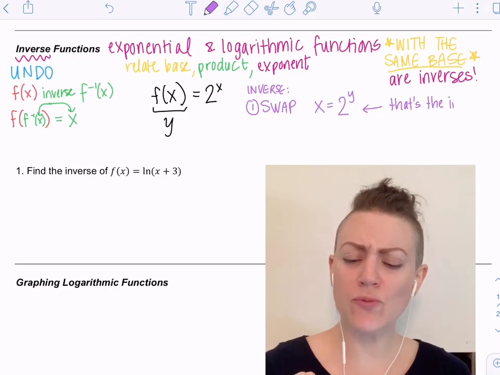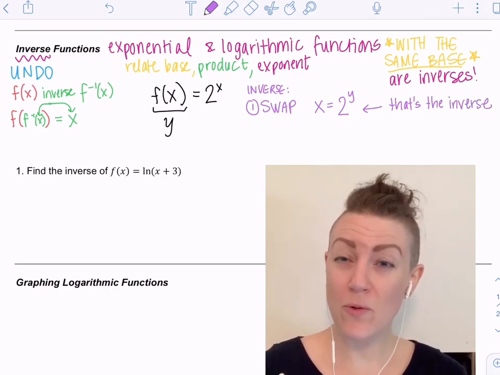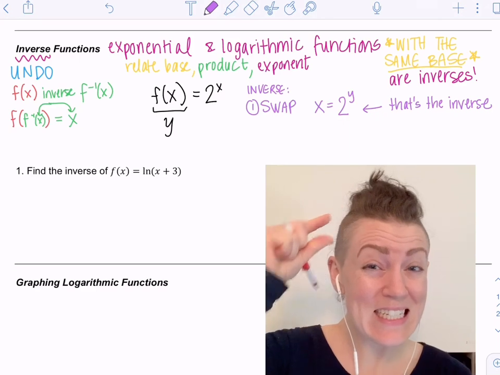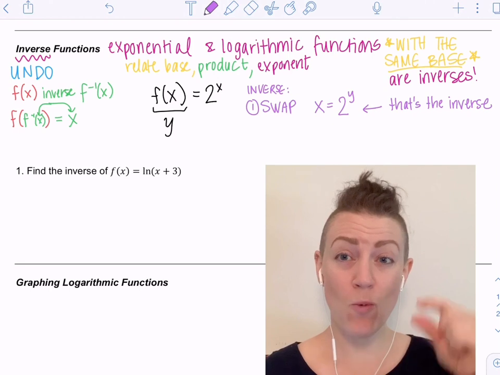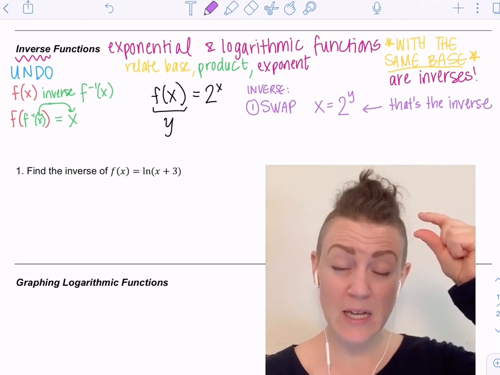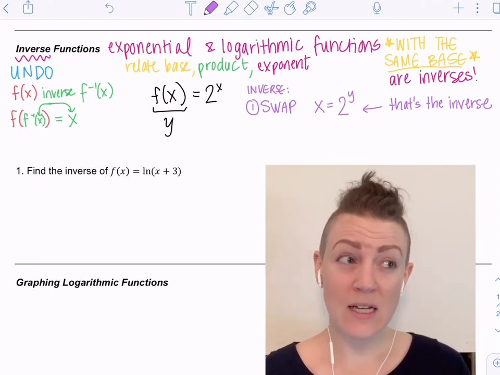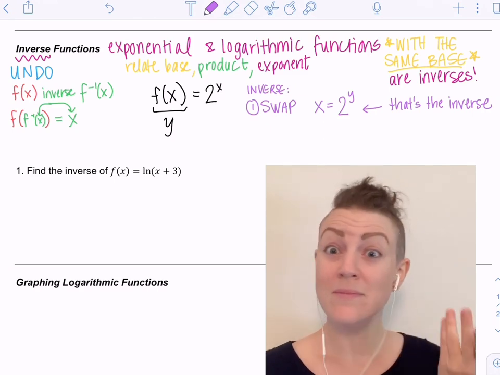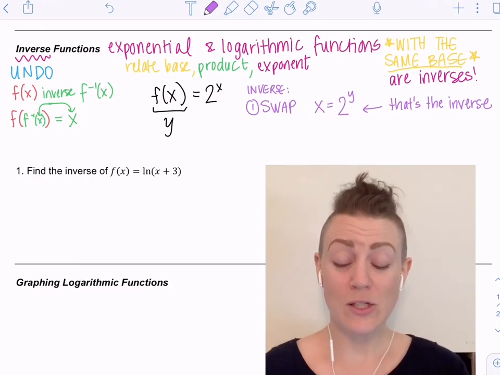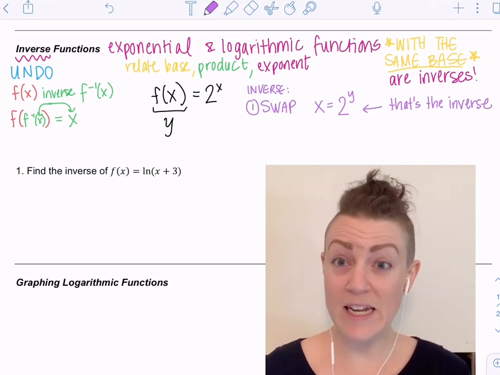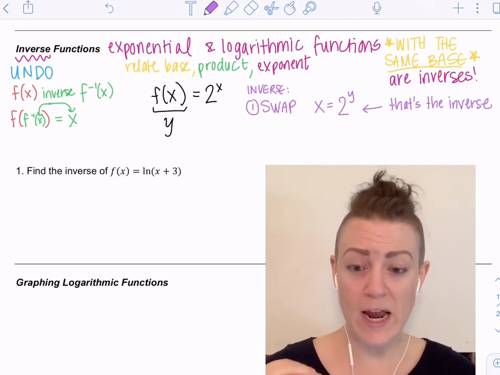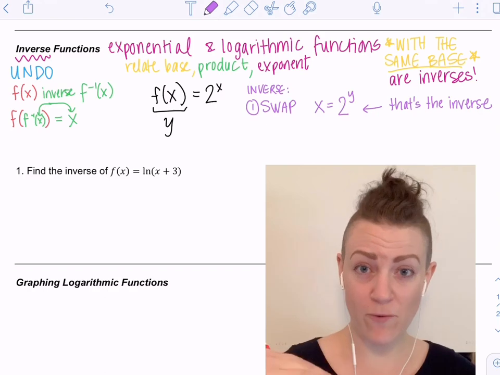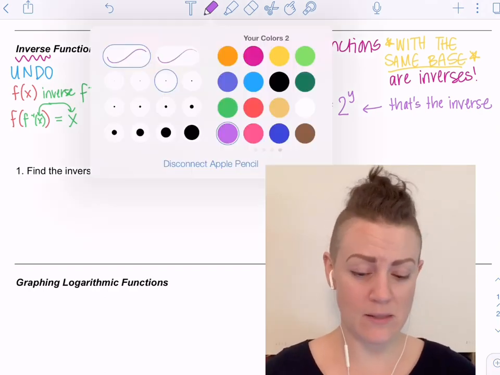But it's really kind of hard to graph with y all the way up there, teeny tiny, in the exponent position. In order to really graph it effectively, we need to get y out of the exponent position and isolate it on its own. How do you isolate an exponent? With a logarithm. So we're going to take this relationship, identify the base, product, and exponent, and use that information to rewrite this inverse in logarithmic form so that our exponent y can be isolated.